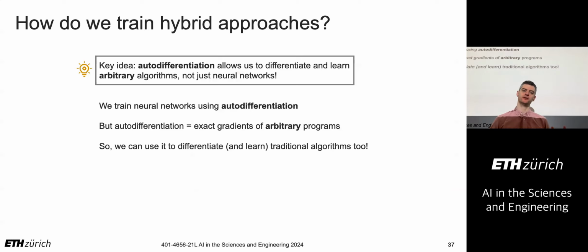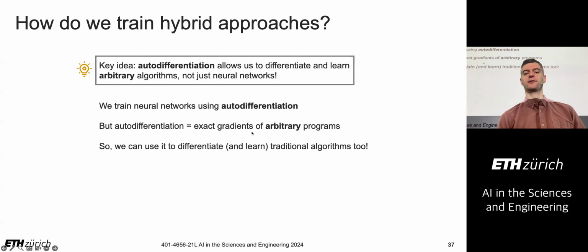So let's zoom out. This is the key idea that I want you to take away: automatic differentiation allows us to differentiate and learn arbitrary algorithms, arbitrary functions that have learnable parameters in them, that don't just have to be neural network functions. It can be any function, including simulation functions or even inverse algorithm functions or denoising functions, like any traditional scientific workflow that we have. So we train neural networks using Autodiff.